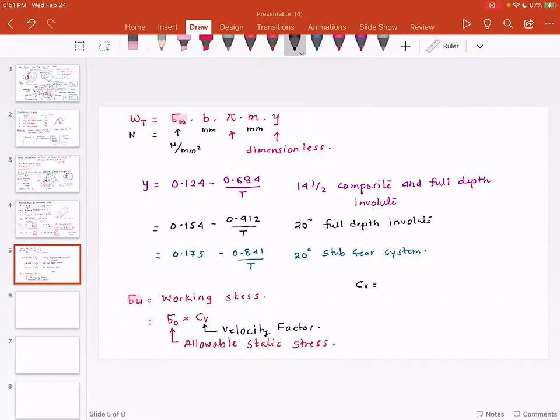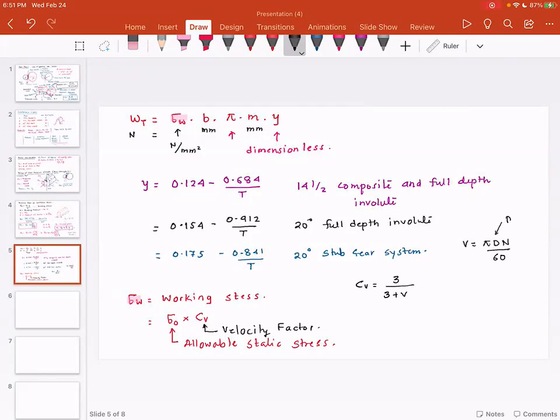So if the gears are rotating at slow to medium speed, and the gears are ordinarily cut, which means they are not precision made, which means there will be more vibration and more noise, the Cv factor is given as 3 divided by 3 plus v, where v is the pitch line velocity, which is pi dn by 60.